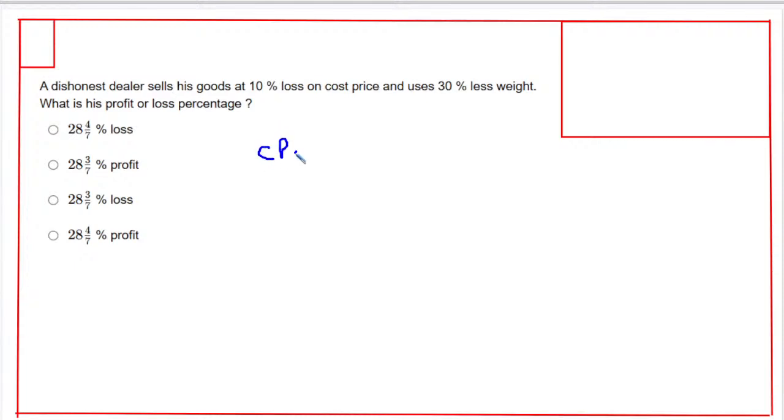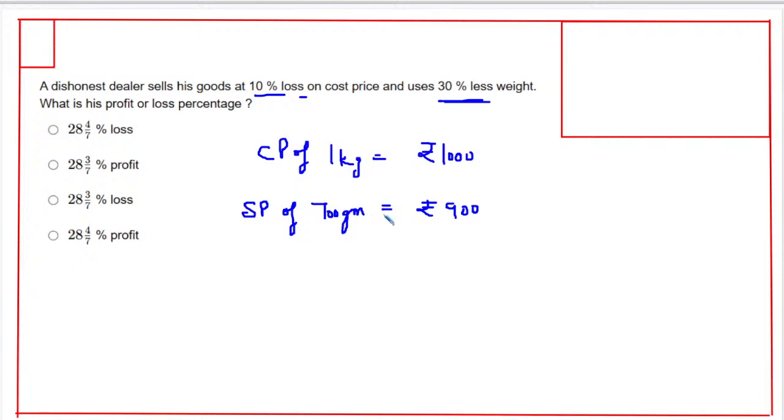So let's assume the cost price of 1 kg is 1000 rupees. He's having a 10% loss, means it is 900 rupees. He's selling in 900 rupees, but how much weight is he selling? He's using 30% less weight, means 700 grams. He's weighing 30% less, 700 grams for 900 rupees.